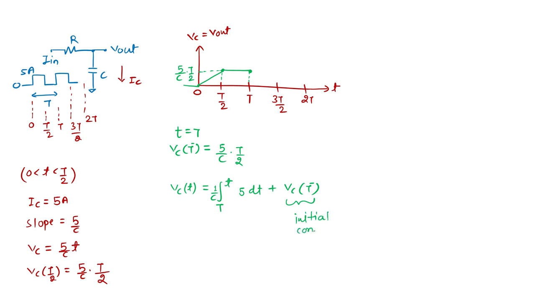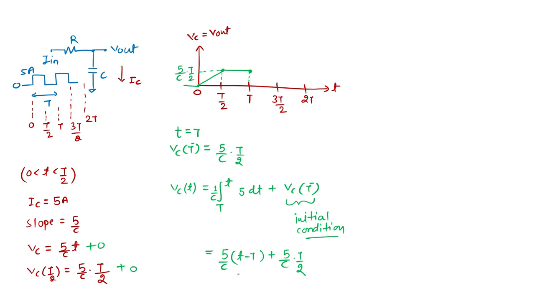This was 0 in the case of t equal to 0, but here the initial condition is there. So what is this? 5 by C times (t minus t) plus 5 by C into t by 2.